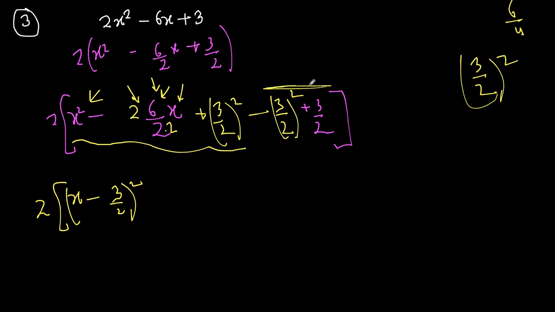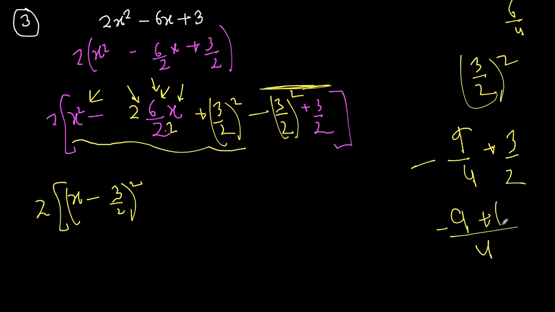Then I need to solve this one. So this is 9 over 4 minus 9 over 4 plus 3 over 2. If you solve this, you will get 4 minus 9 plus 6, and it will give you minus 3 over 4. So here I have to write minus 3 over 4.